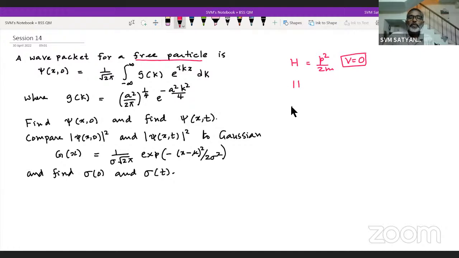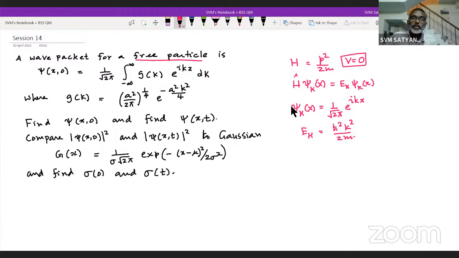If you solve this problem, that is H psi k of x is equal to E k psi k of x, if you solve this eigenvalue problem, you get the following: psi k of x is equal to 1 over square root of 2 pi into e to the power i k x. And the energy is E k equal to h bar square k square by 2m.